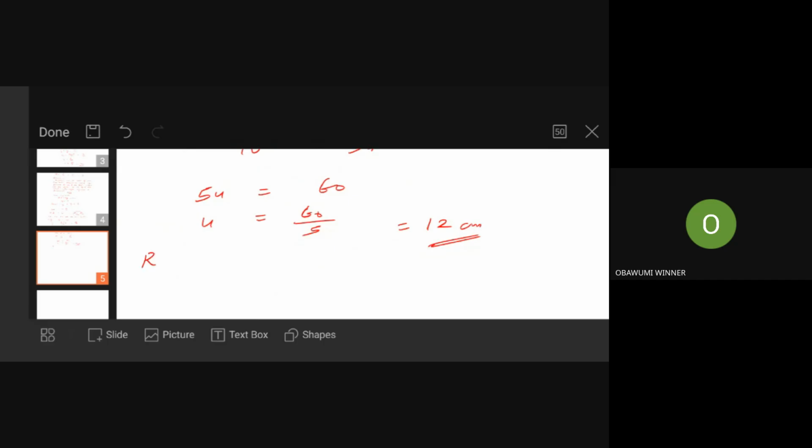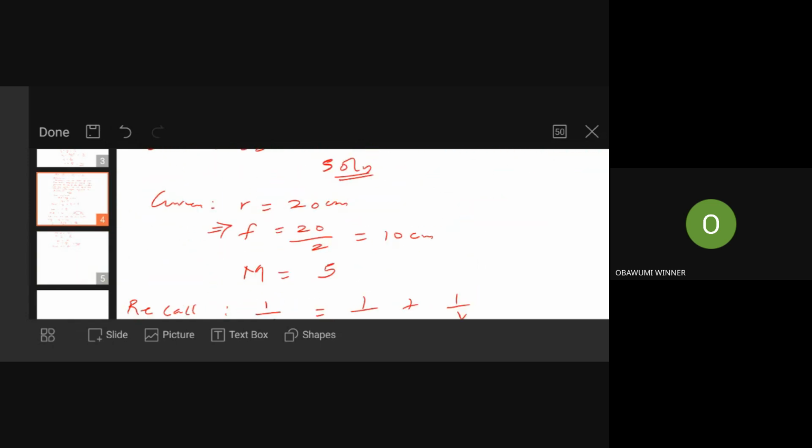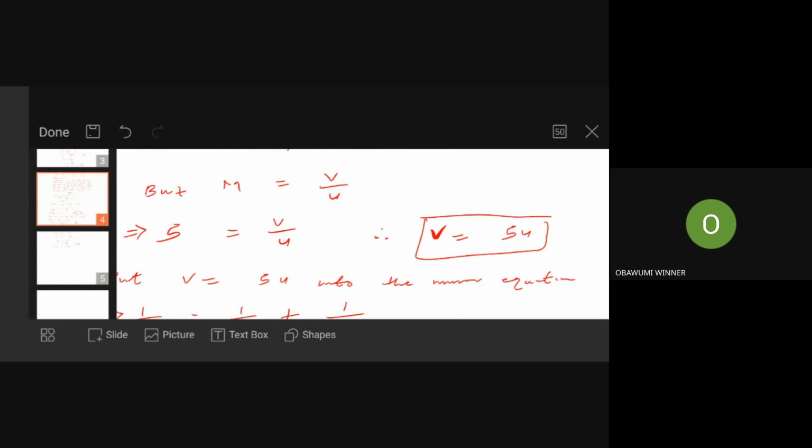Recall that v is equal to 5u, which I put in a box from this equation. So I substitute my u back into v.